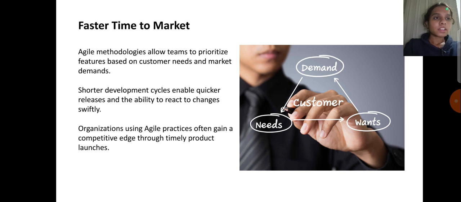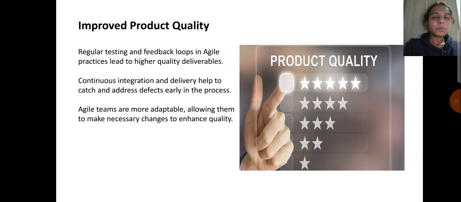And the next one is improving the product quality of agile practices. Regular testing and feedback loops in agile practices lead to higher quality deliverables. Continuous integration and delivery help to catch and address defects early in the process.